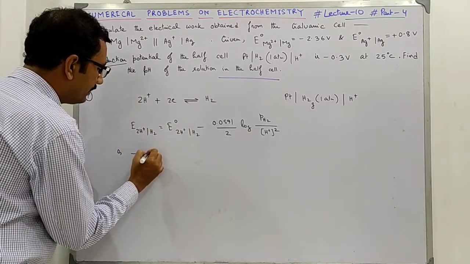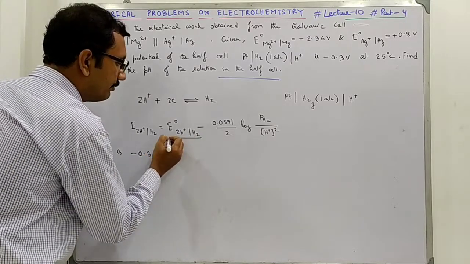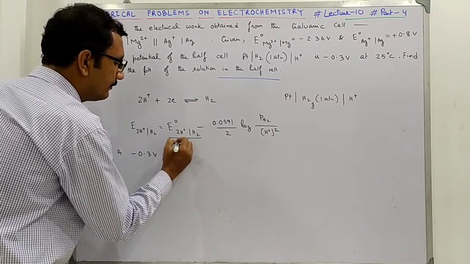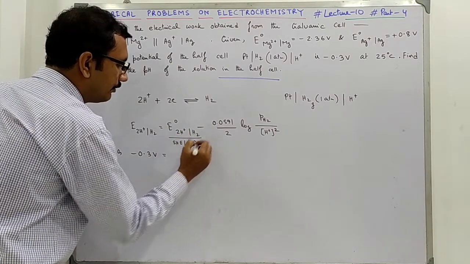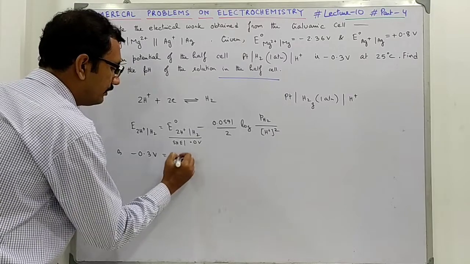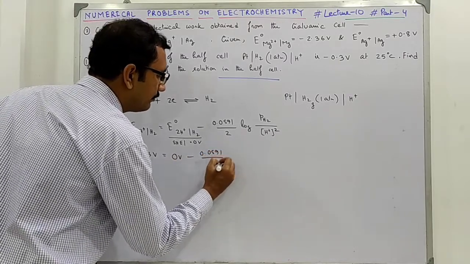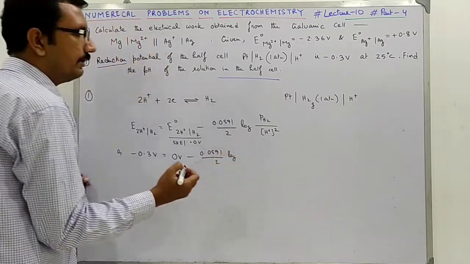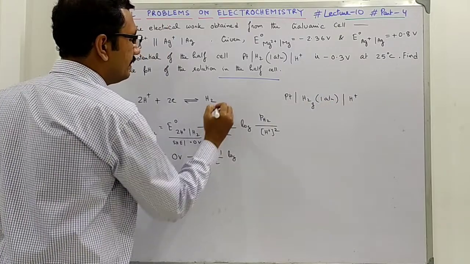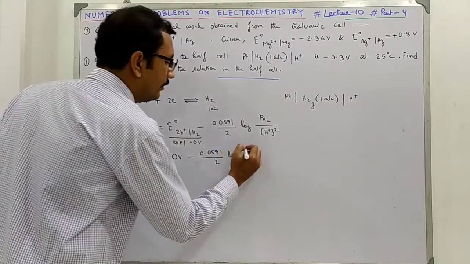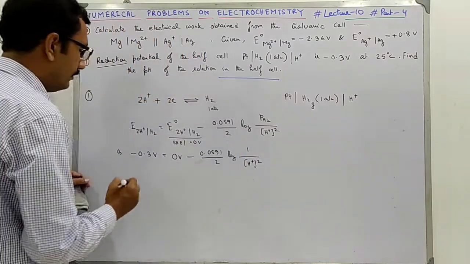So, no problem, we can put directly here minus 0.3 volt equals, now this is the convention, the standard hydrogen electrode has a voltage of 0 volt. So, you put here 0 volt, minus 0.0591 by 2 log, and we put the value of pressure that is given, 1 atm. So, it will be 1 by H+ whole square.